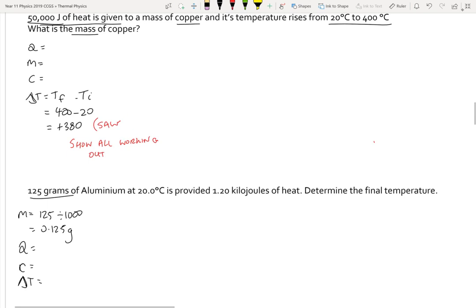So I'll often give back pieces of work to students with SAWO. That means that you haven't shown all of your working, you've skipped steps.